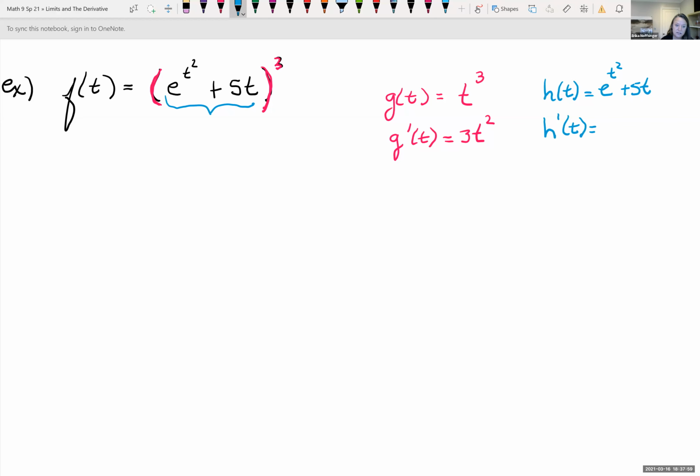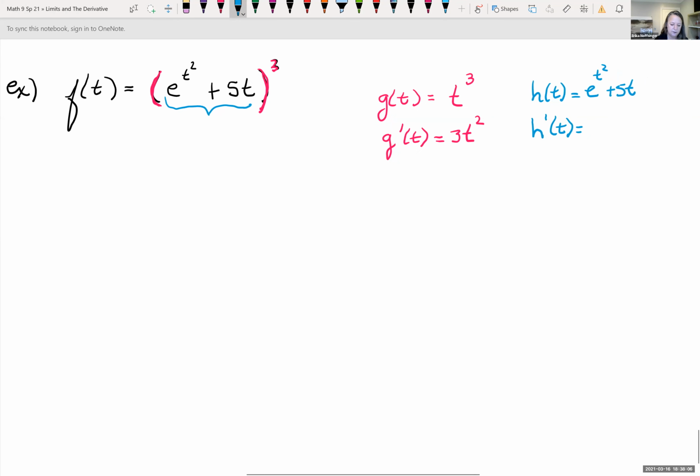Well, the derivative of e is the derivative of the exponent. So if I look at the exponent, the derivative of t squared, d dt of t squared, times the original function, which is e to the t squared, plus the derivative of 5t, which is just 5.